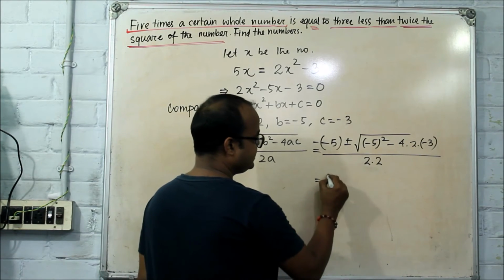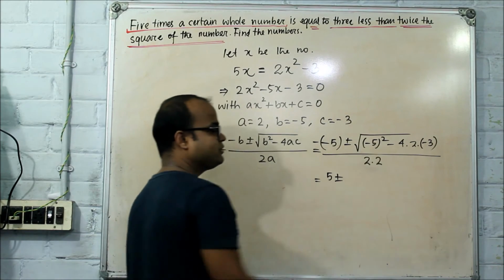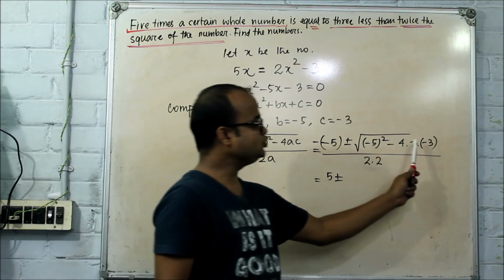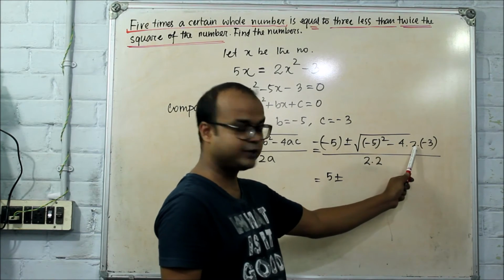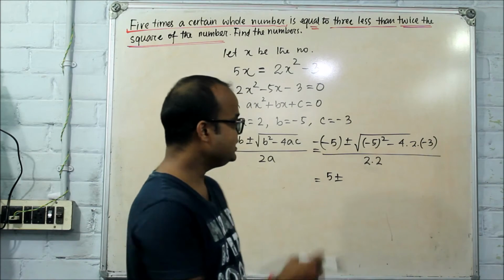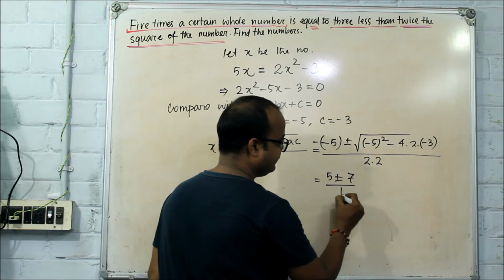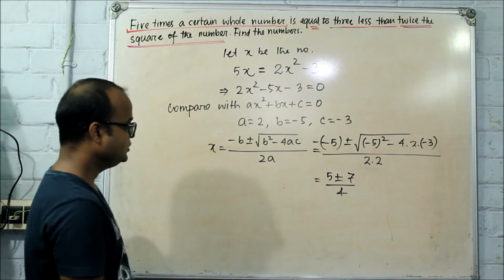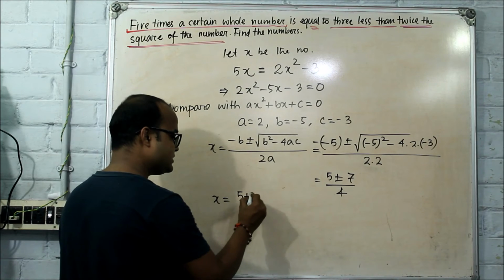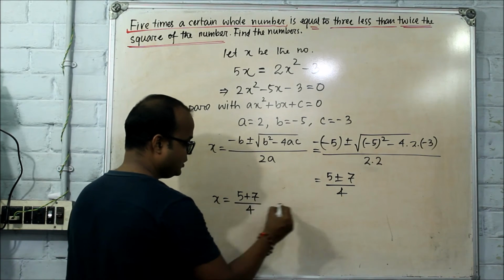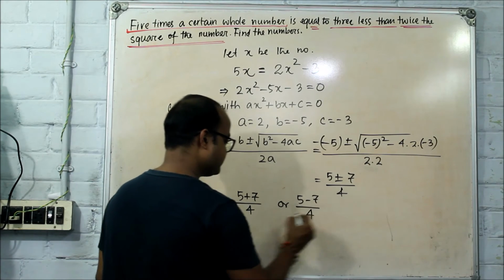So minus of minus 5 means 5, plus minus square root of 5 square means 25, 4 twos are 8, 8 threes are 24. 25 plus 24 is equal to 49. Square root of 49 is 7, by 4. So the value of x will be equal to 5 plus 7 by 4 or 5 minus 7 by 4.